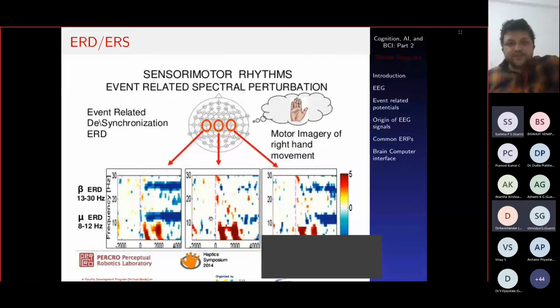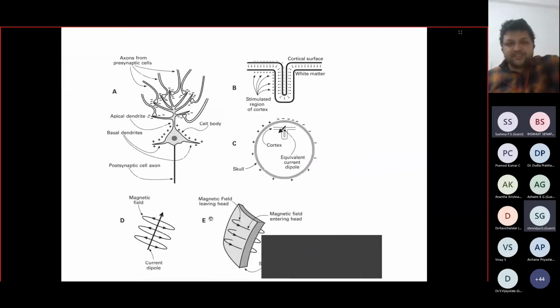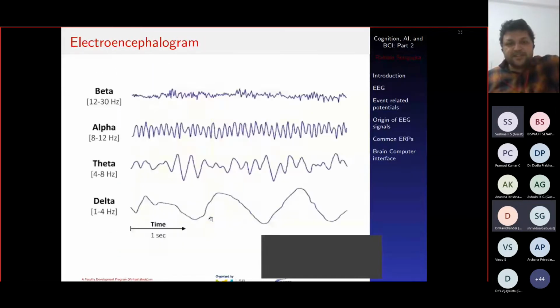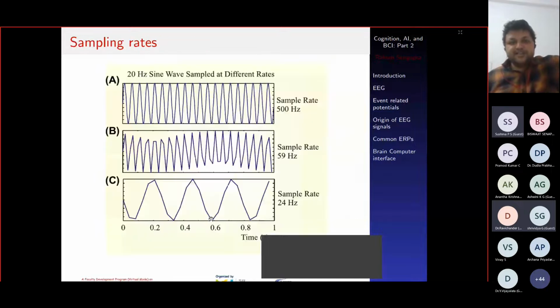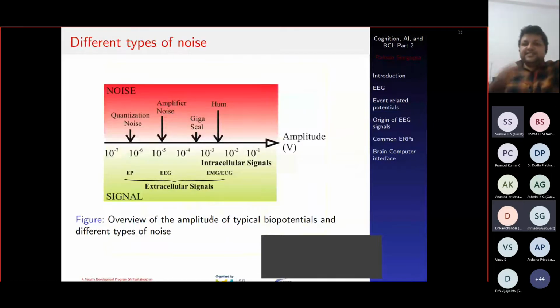This is the part I had skipped, but there is one part I was trying to talk about. This is the range of signals and noises. You'll see that the EEG signal is somewhere around 10 to the power minus 5 to 10 to the power minus 4 volts.